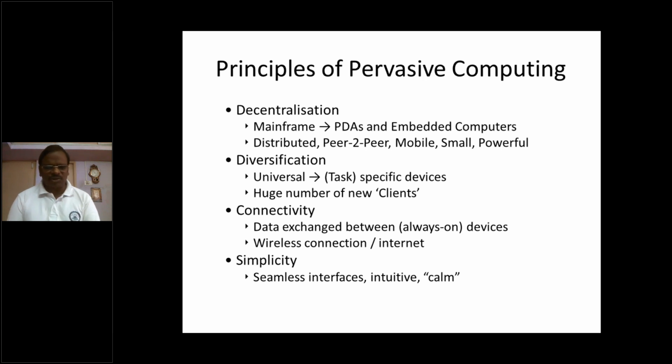If the device is switched off, this system mostly does not perform well. So in order to work perfectly and effectively, the device must always be in on mode. Wireless connection and the internet are mostly what connectivity means in the pervasive computing technique. Simplicity: seamless interfaces, intuitive, calm. It has some calm simplicity. Information extraction is carried out.